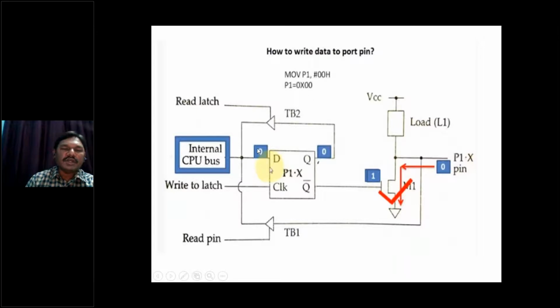This is 8 latches, so I am taking, for example, 1 latch. So it is 0. The operation of D flip-flop is Q equal to D. So this Q is also 0. When it is 0, this will be 0 bar. 0 bar means 1. 1 means short circuited. Short circuited means it will be connected to ground, so output is 0.